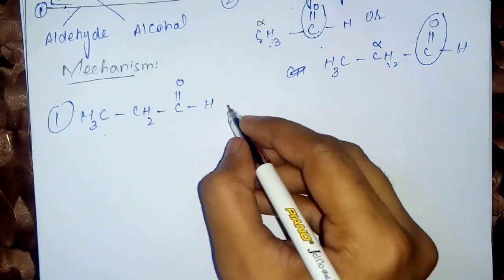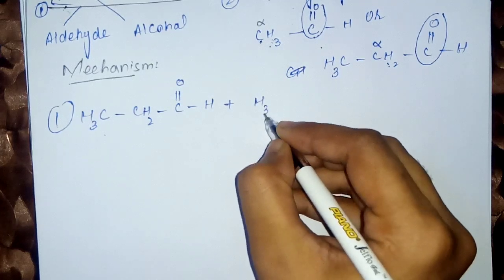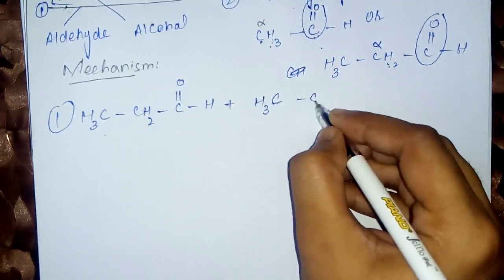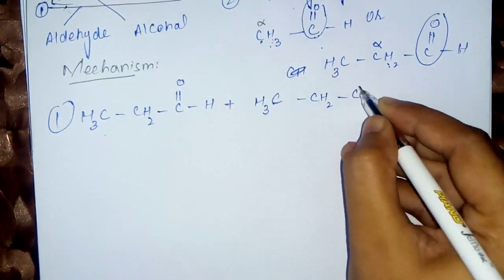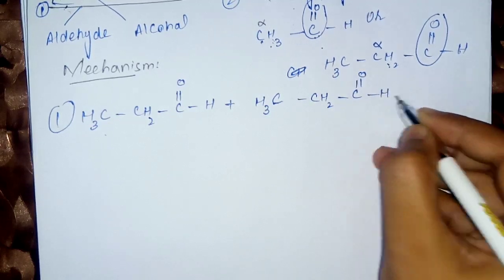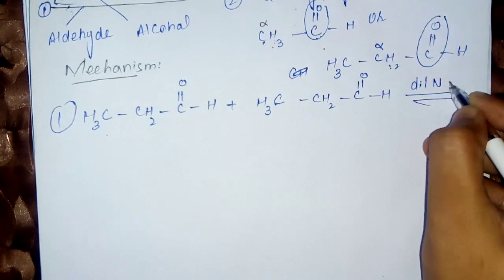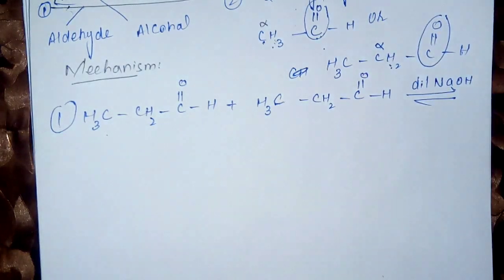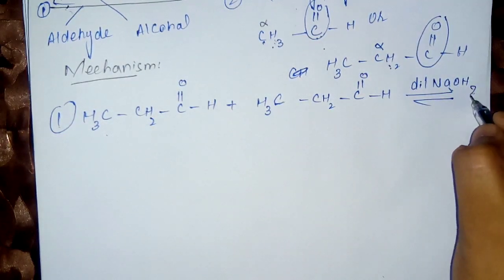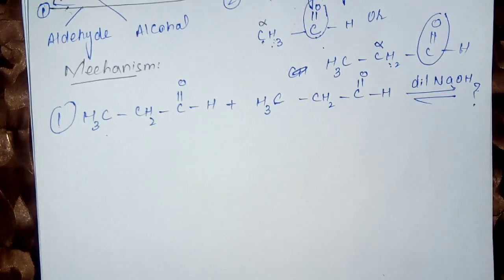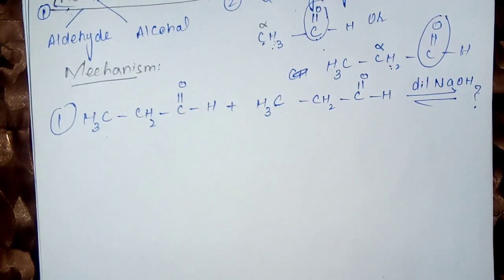So one propanol, and on the other side another propanol, and this reaction is carried out in the presence of dilute sodium hydroxide. Okay, so here we can write the product of this mechanism. What will be the first step?